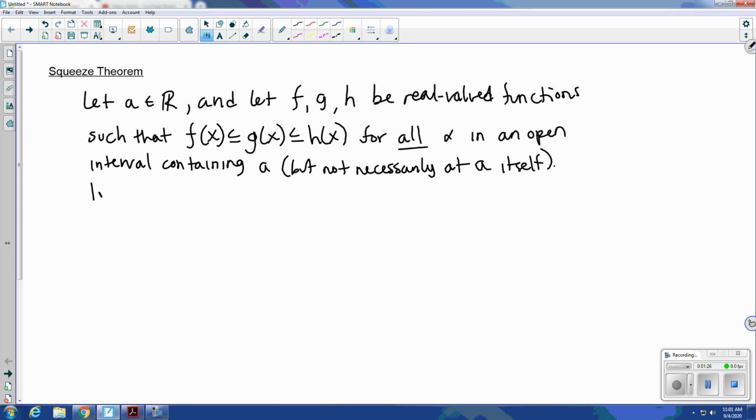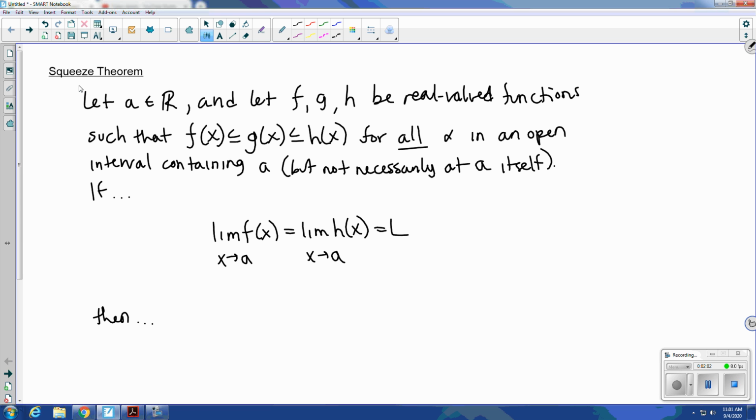If the following happens, where the limit of f of x as x approaches A ends up being equal to the limit of h of x as x approaches A, so these equal the same value, then, well, what do you think would happen? Let's say we have these three functions, and based on this inequality, we see that g is between f and h.